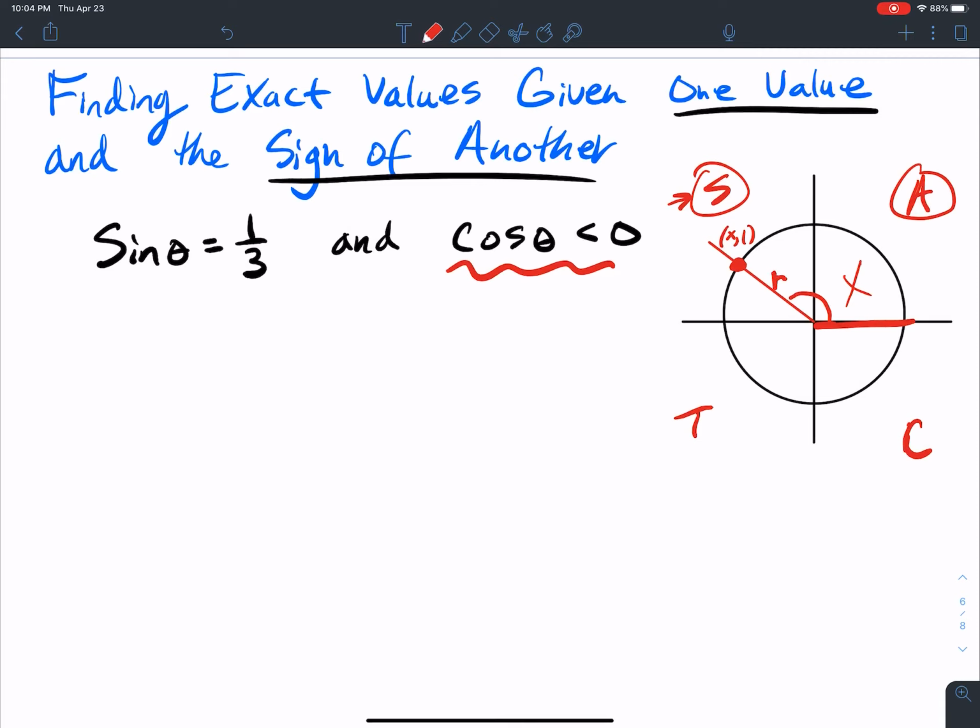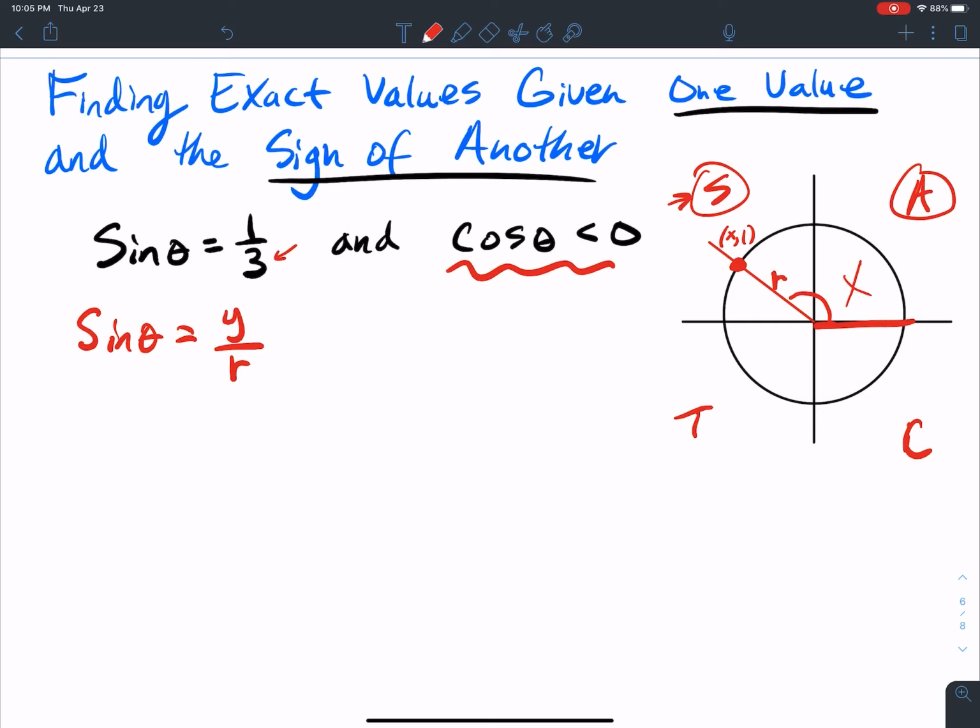So remember, sine of theta is defined to be y over r, and if it's a unit circle, then it's just y. Okay, so the y value is 1. Now r, we know, just based off of this here, it's 3.